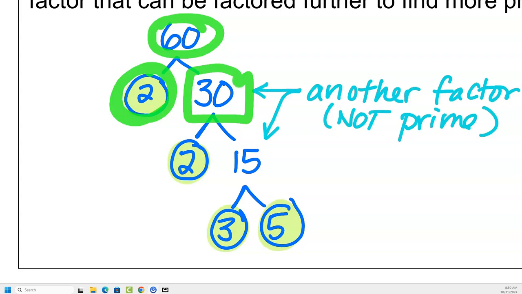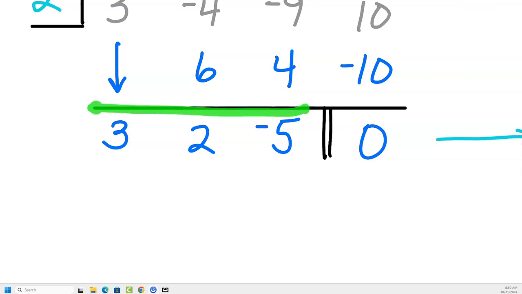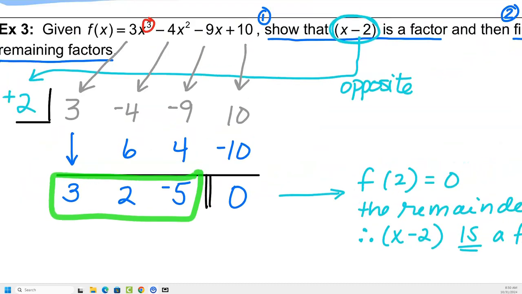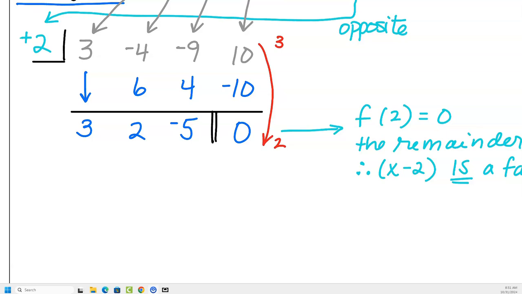So instead of going back to the original polynomial, let's work with the reduced polynomial, because it has to be a factor also, which means this here is a factor when I write it out. So let's write that out. If you remember correctly, this got reduced from a third to a second. So this is 3x to the second power plus 2x minus 5 equal to 0.